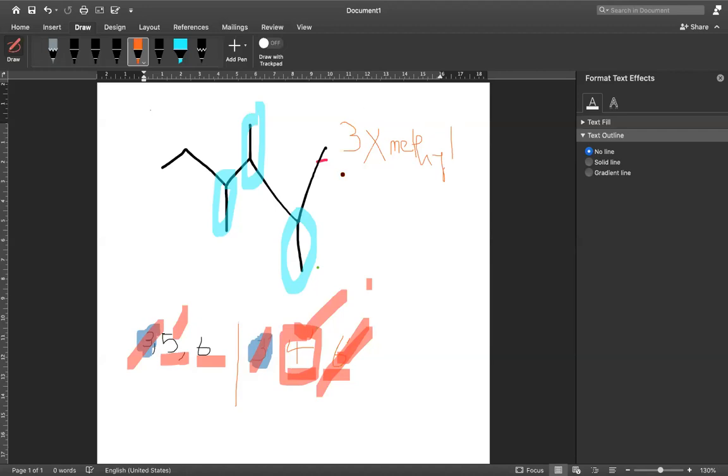There are 3 methyls that are appearing in this hydrocarbon. So in mathematics, this is how you're supposed to represent it.